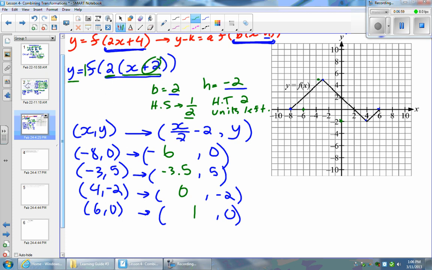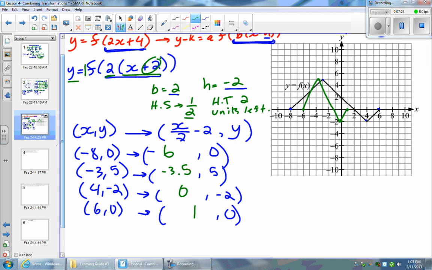And finally 1 comma 0 is going to be right there. So if I sketch this graph, it's going to look just like this. I'm going to try my best to make it as nice looking as possible. Notice all your x coordinates were halved, and they also moved over 2 units to the left.